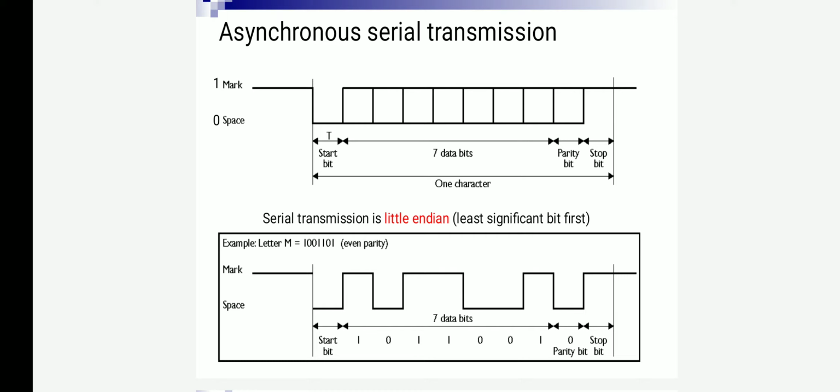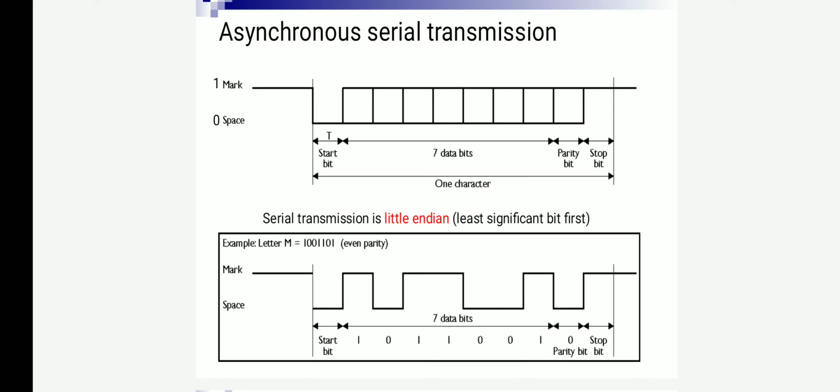Kindly see the examples very carefully. Letter M is abbreviated by the bits 1 0 0 1 1 0 1, and this is the case of even parity. In this letter M, the LSB is 1, and in this little endian format the LSB comes first.